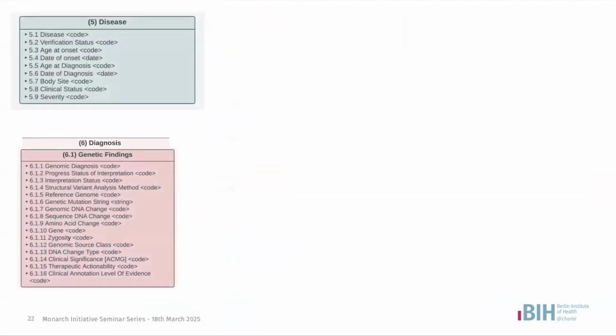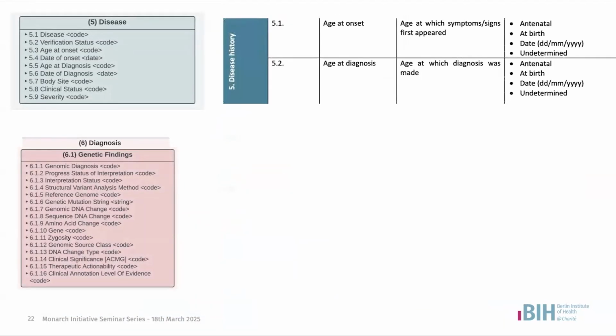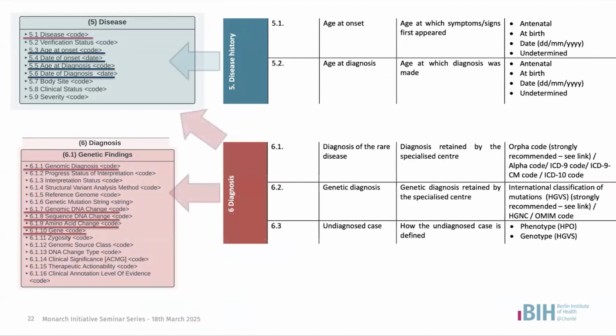So for disease, for example, the age of onset and age of diagnosis from the European core data set is equivalent to our elements 5.3 to 5.6. We have the elements disease and genomic diagnosis.